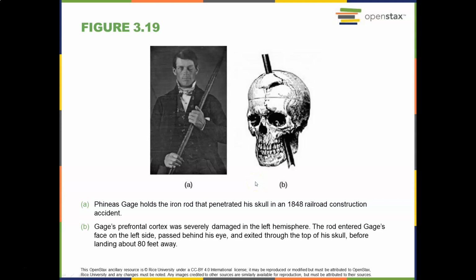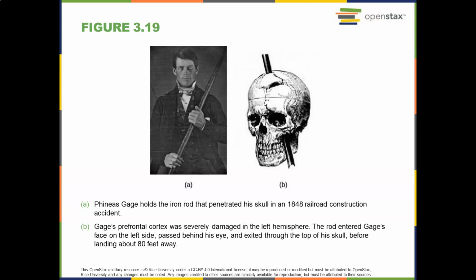Now the thing is, he survived that, and he got up and said, "Hey, I'm okay," and he was okay for a while, but then he started experiencing different types of thinking and behavior.